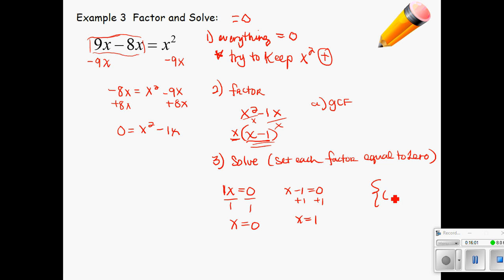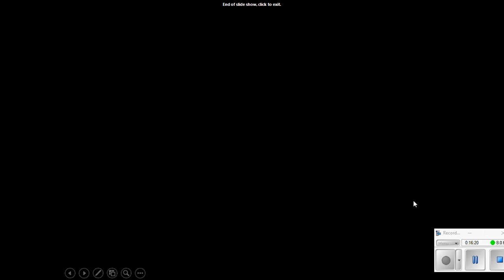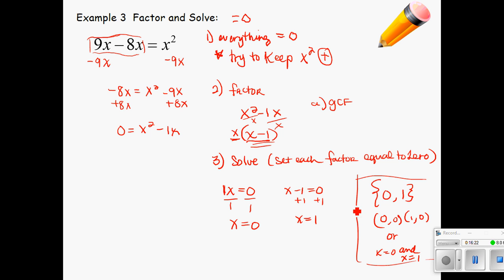The solutions are 0 and 1, or (0, 0), (1, 0). Or you can say x equals 0 and x equals 1. Any method. Okay? So any one of those ways would be the right answer.